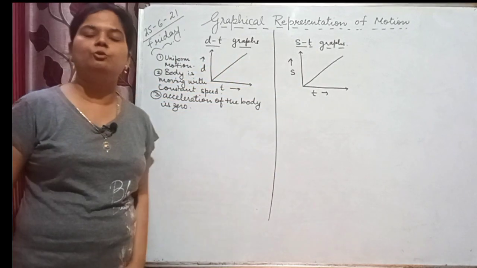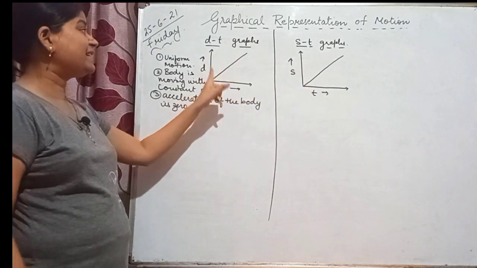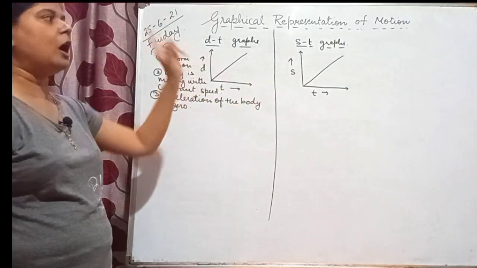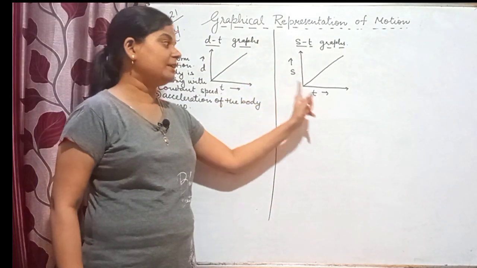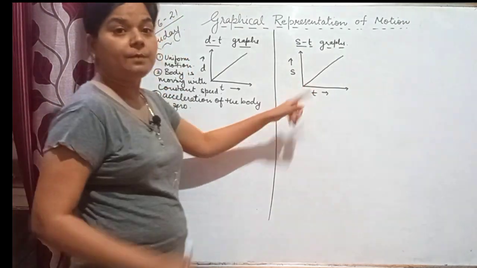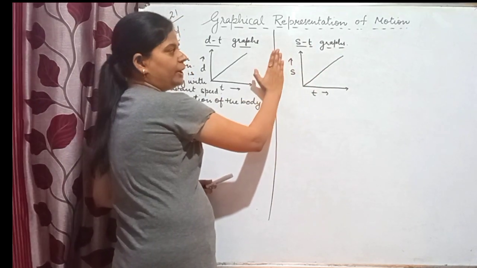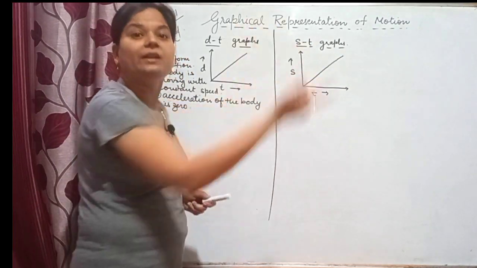Now let us move to the speed time graph. This speed time graph is looking similar to the distance time graph. It is exactly the same, but now we will see that there is a difference in the meaning of this graph. Here you can see that this is a speed time graph, and here you have a straight line going up, so that means the quantity on the y-axis is increasing with time. That is, speed is increasing with time.